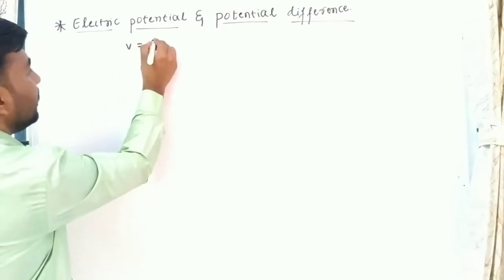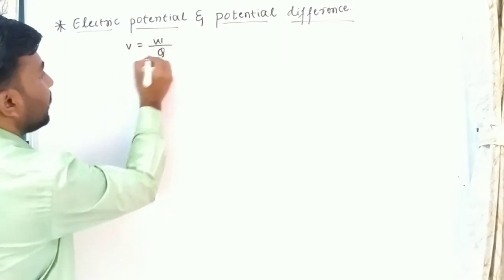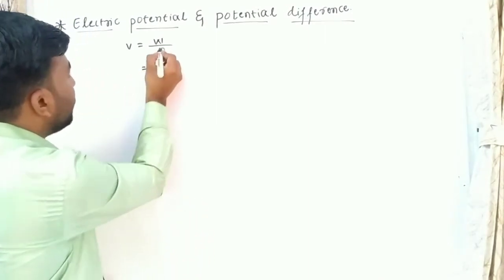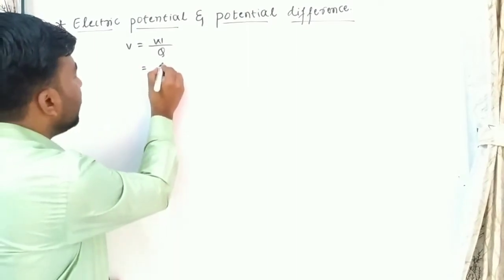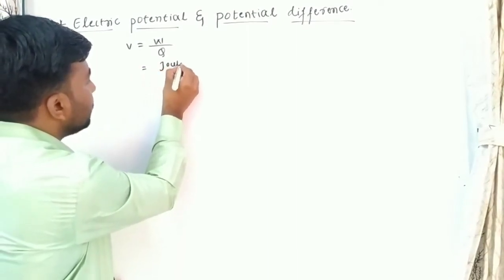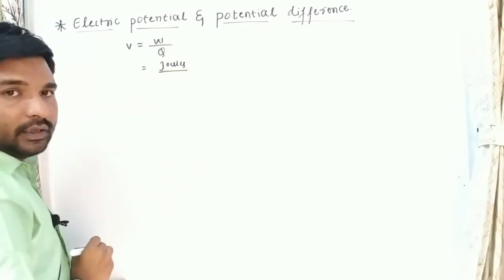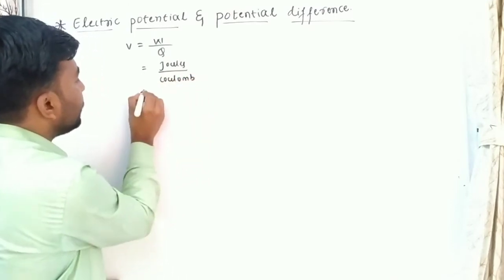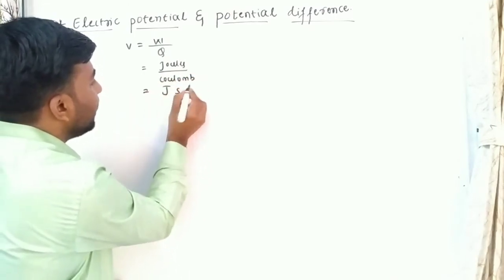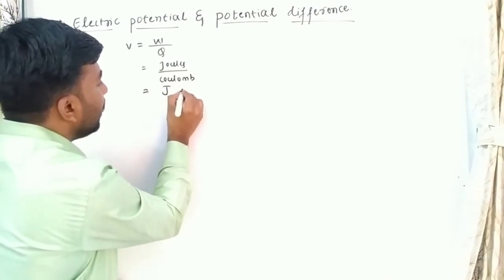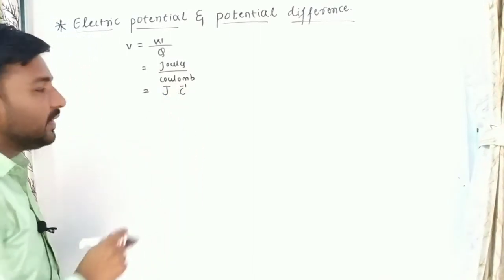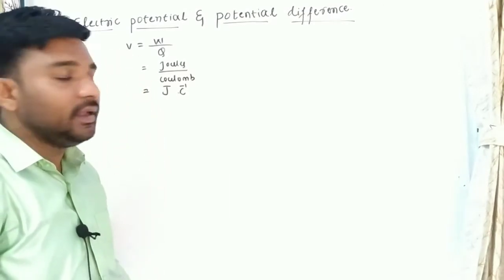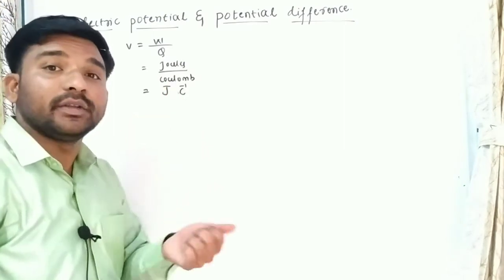V is equal to W divided by Q. What is the unit for the work done? It is joules. What is the unit for the charge? It is coulomb. So joules per coulomb. It is the unit for the potential difference according to the formula.